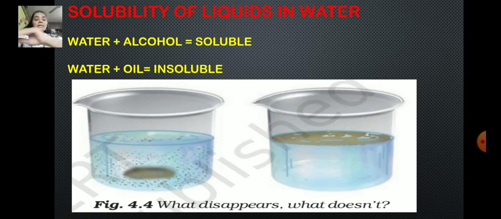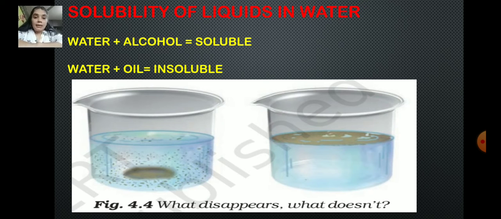So mixing substances like salt, sugar disappears completely in water. Sand, sawdust, it does not disappear. So you will notice that some substances have completely disappeared or dissolved in water.